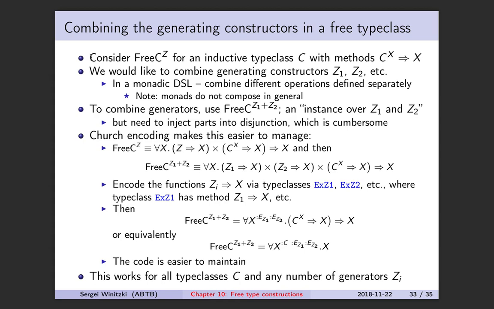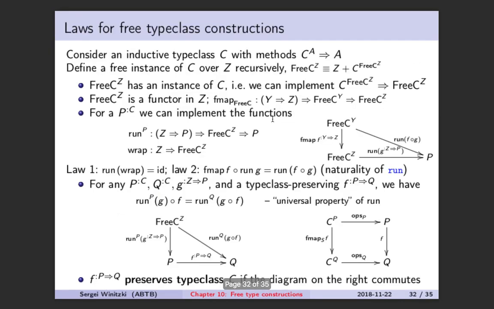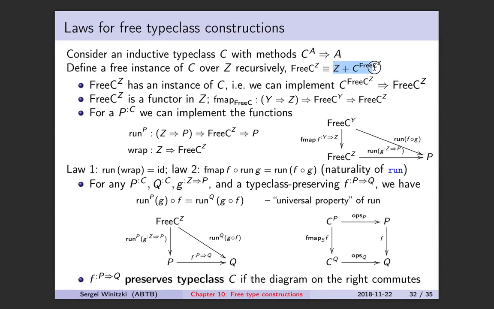And recall that monads do not compose in general. So it is in general not easy to compose different sets of operations. But it is actually easy in the free type class, because all you need to do is to take a disjunction, since the definition of the free type class is this.